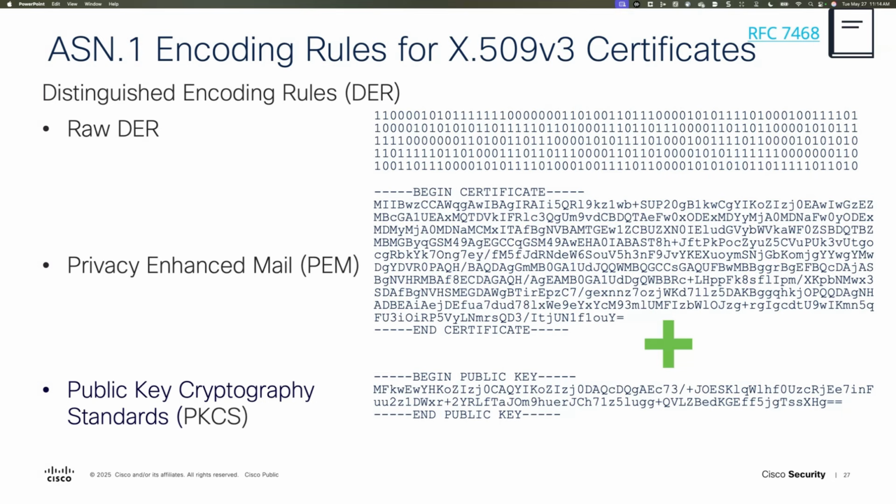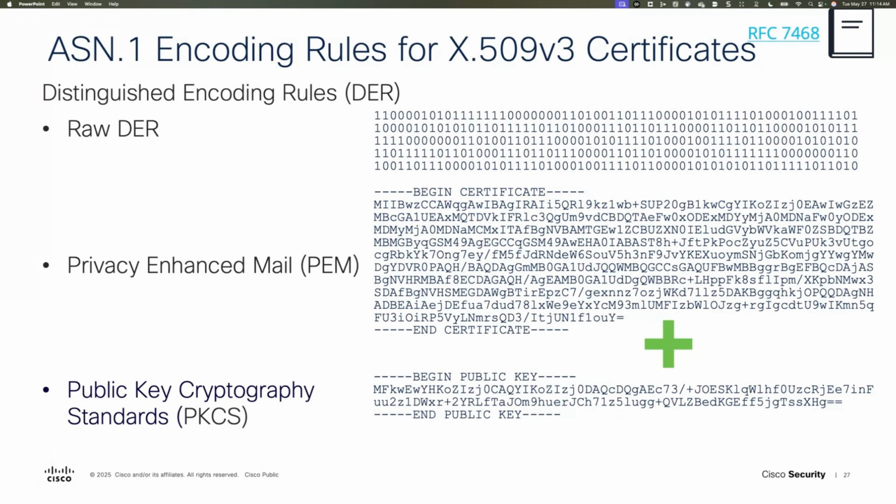So we take that and we wrap that into a privacy enhanced mail format. What that does is it takes that binary format and encodes it in base 64, and it gives you your header and your footer for begin and end certificate. All right. So that's your certificate right there, just base 64 encoded. And to secure your certificate, you have a public key.